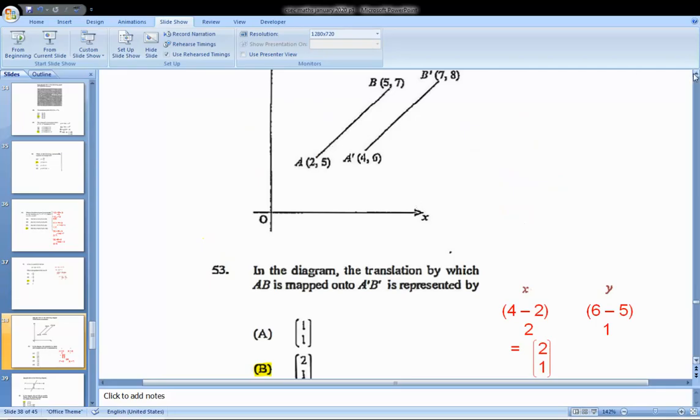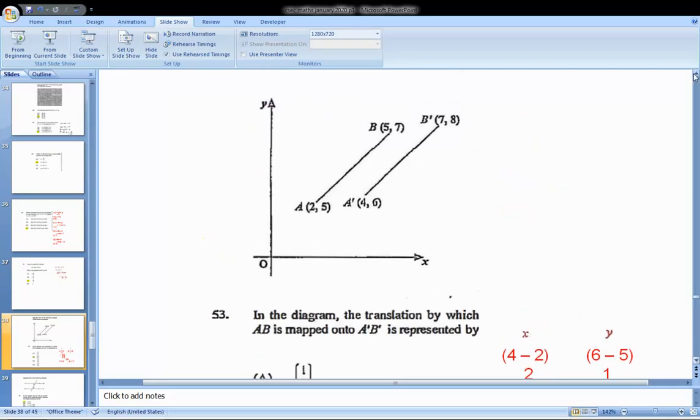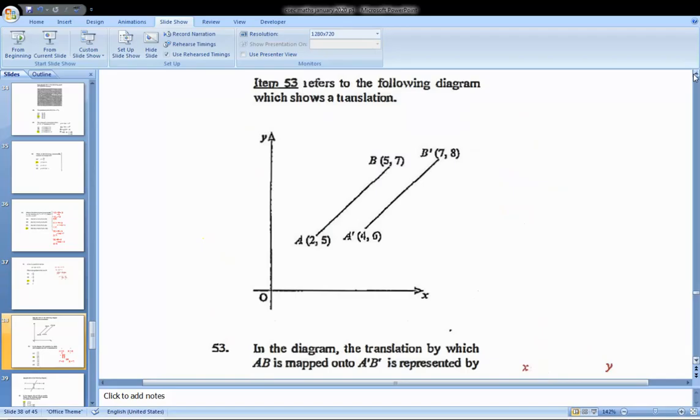Let's go to 53. So item 53 refers to the following diagram, which shows a translation. We're given values of x and y.